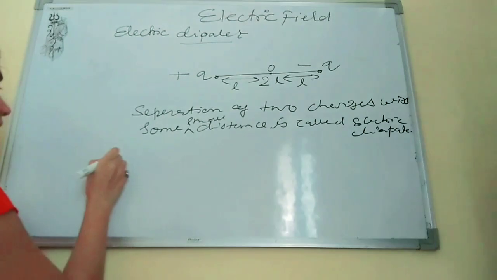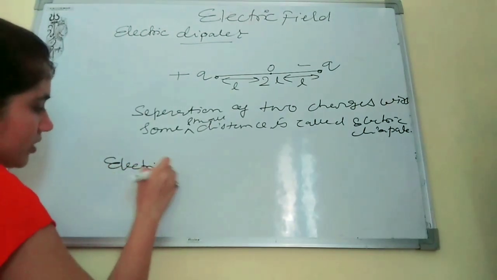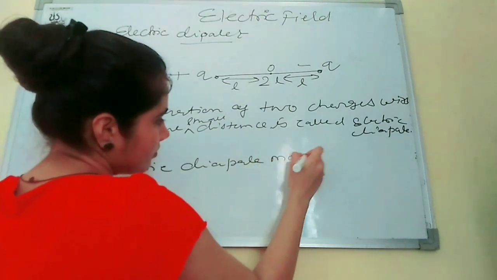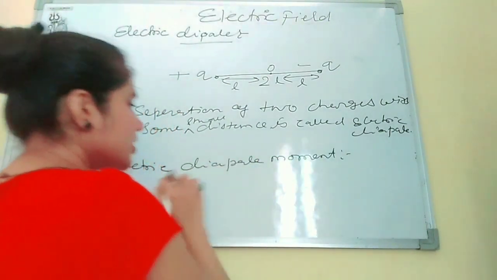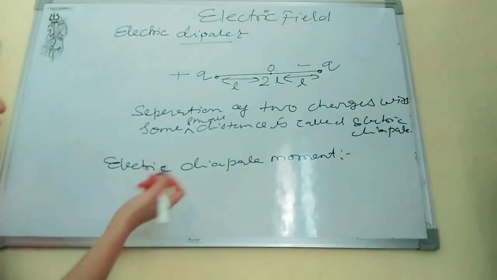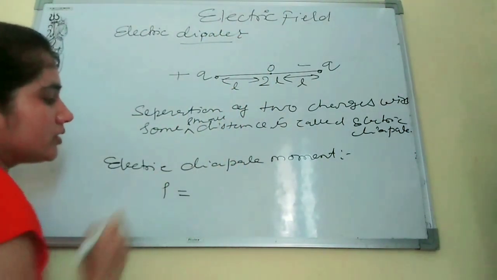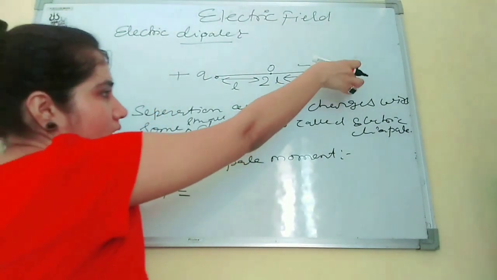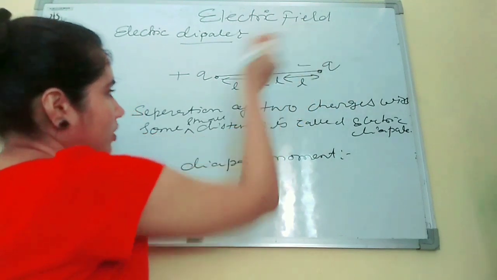So it is an electric dipole, and it has some strength, which is defined by the term called electric dipole moment. This is the term which defines the strength of the dipole, and we denote it by P. Simply, we have two charges, one positive q and another minus q.